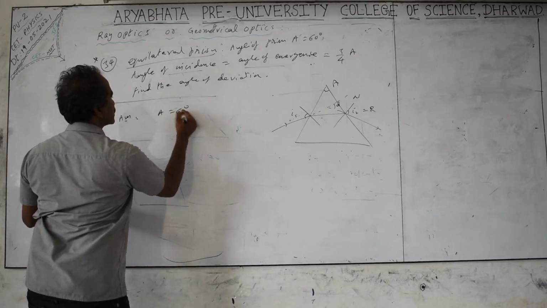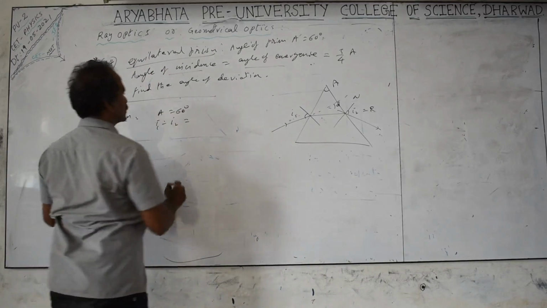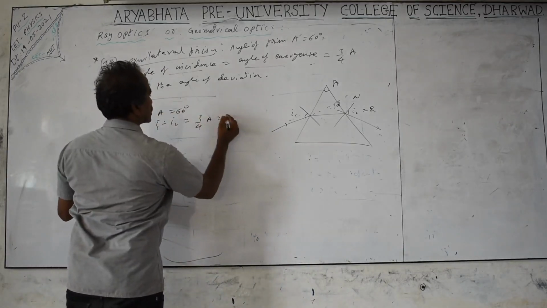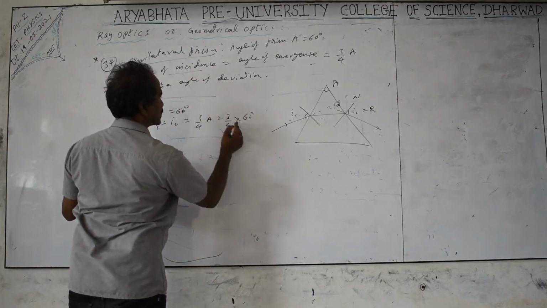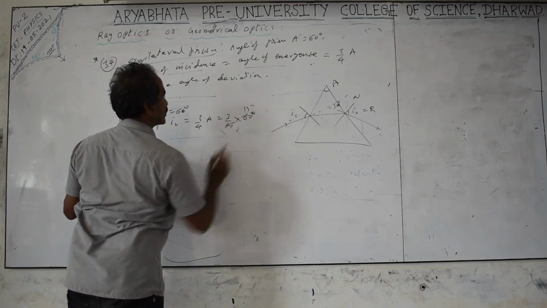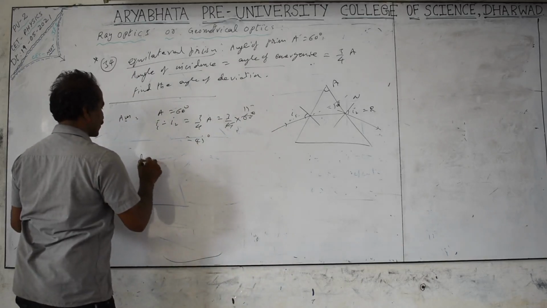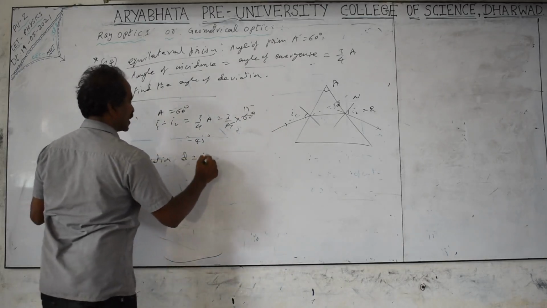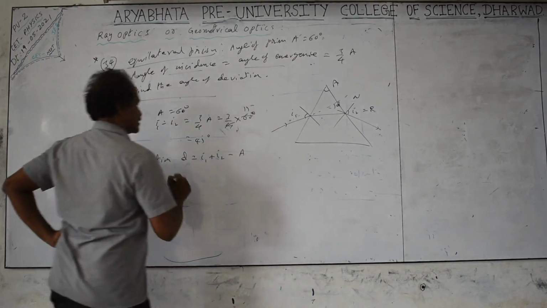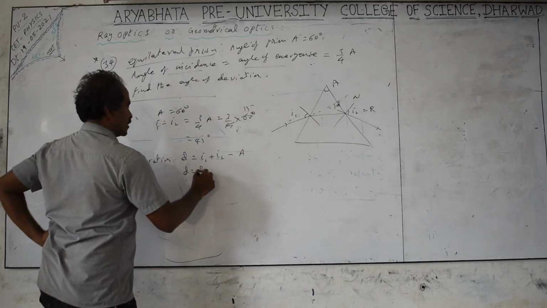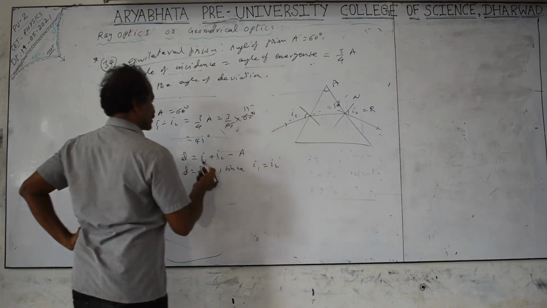A is 60 degrees, I equal to E, I1 equal to I2 is equal to 3/4 of A, which is nothing but 3/4 into the angle of the prism 60 degrees, which is equal to 45 degrees. Next, deviation comes. D is equal to I1 plus I2, or emergence angle E we can take, minus A. Here D equals D minimum, since I1 equal to I2 is equal to 45 degrees.